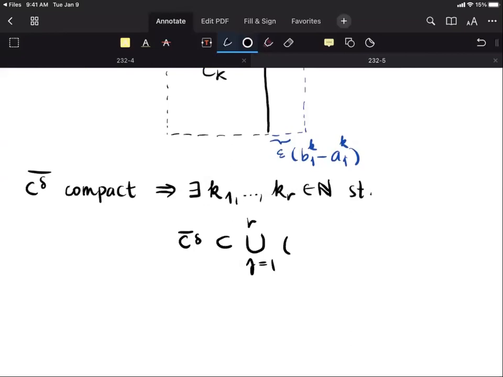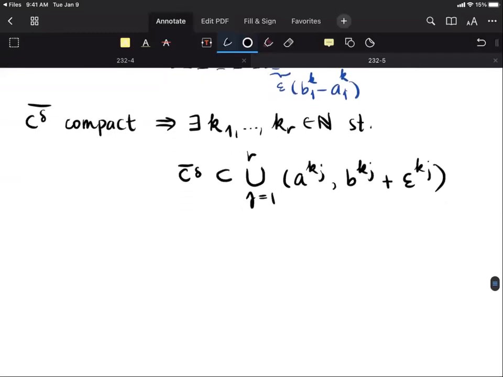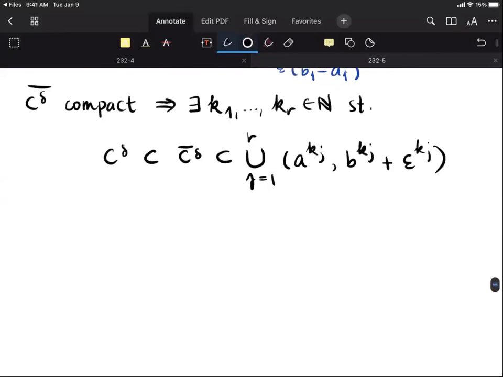So here we have A_{kj}, then B_{kj} plus epsilon_{kj}. Okay. Take note that the closure contains the set, because the closure is the smallest closed set containing the set for the cell C delta.